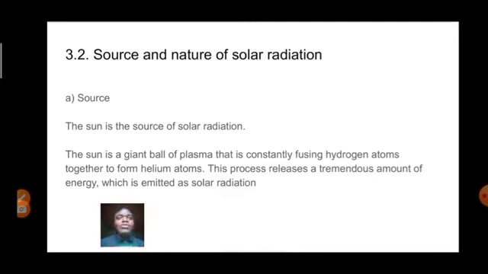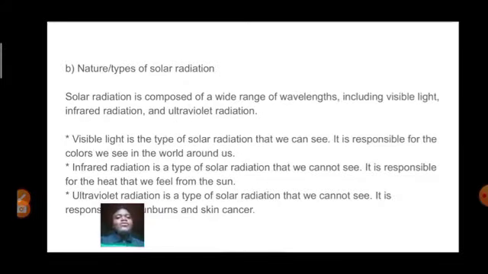Like we saw in Form 1 and 3, the sun is one of the bodies that constitute our solar system, and day in, day out, it is continuously burning hydrogen atoms to produce helium atoms, and this process generates huge amounts of heat that is radiated onto the Earth's surface as solar radiation.